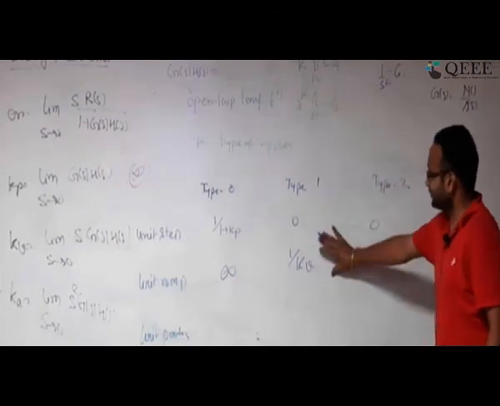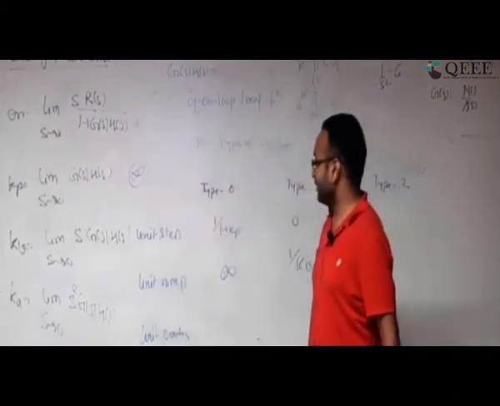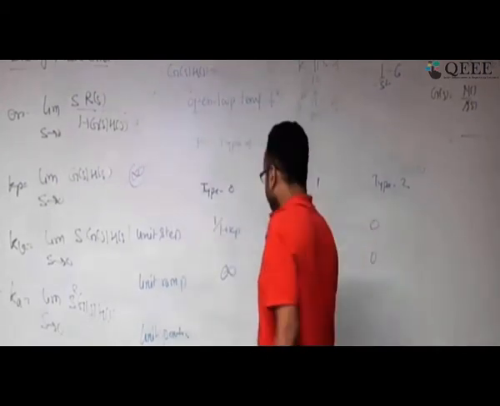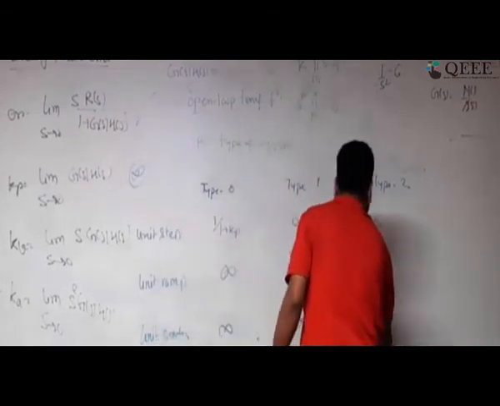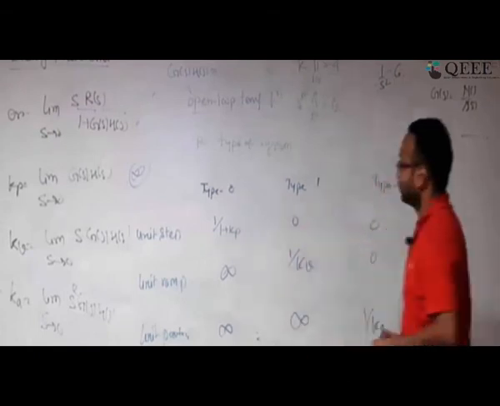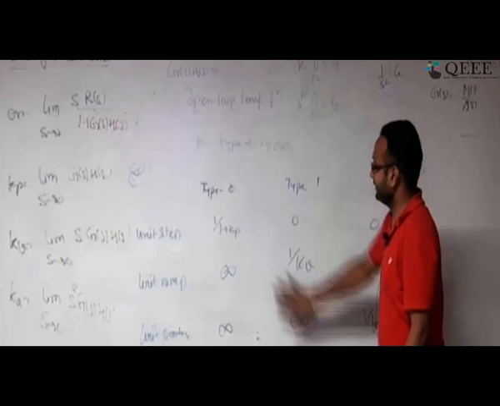So, this information you can fill up if you solve it. And if you have a unit parabola, then this error is going to be infinite, 1 by Ka. Because of the lack of time, I am not going into detail. You can solve it the way I have done.